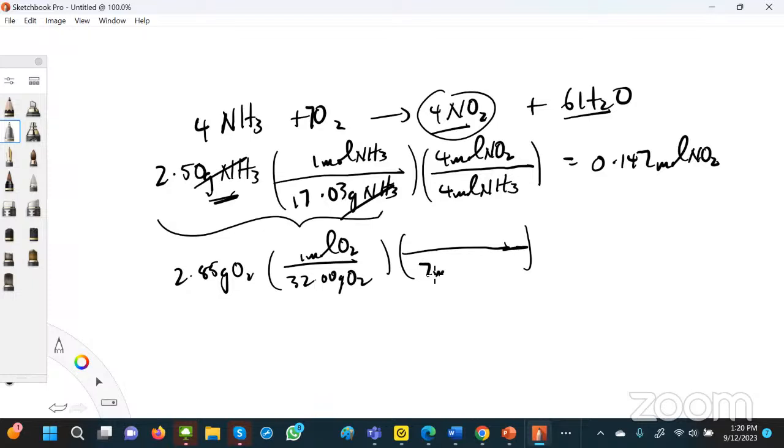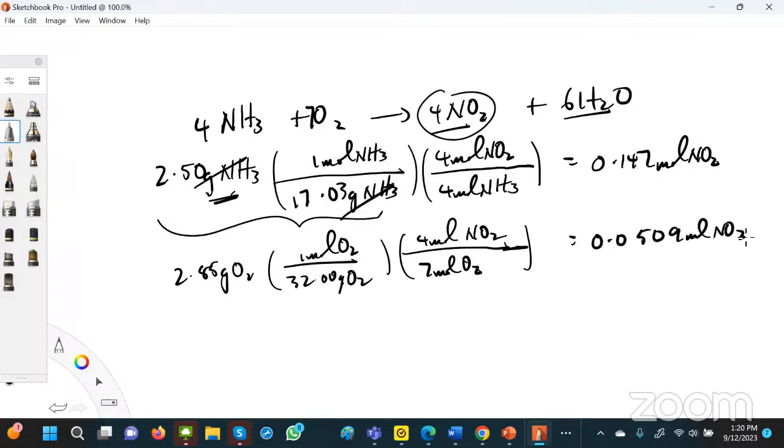Okay, so 7 moles of O2 below and 4 moles of NO2 above. And we do that calculation: 2.85 divided by 32 times 4 divided by 7. According to my calculations, I got 0.0509.